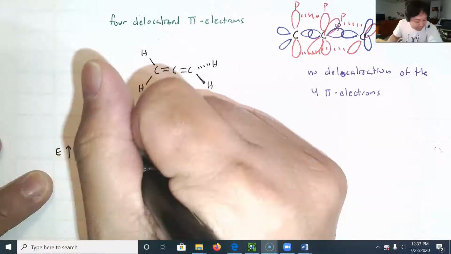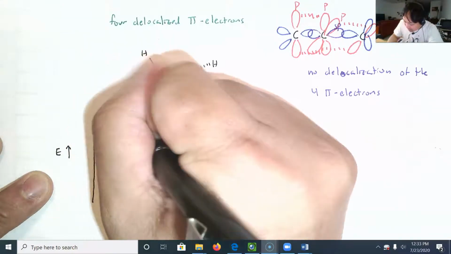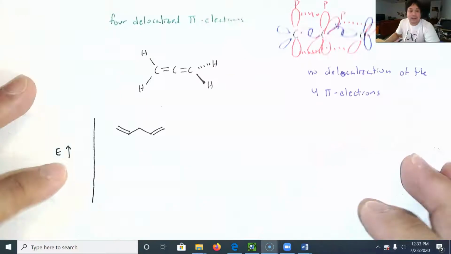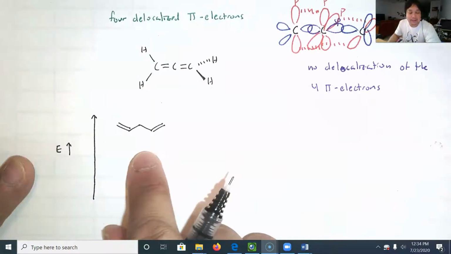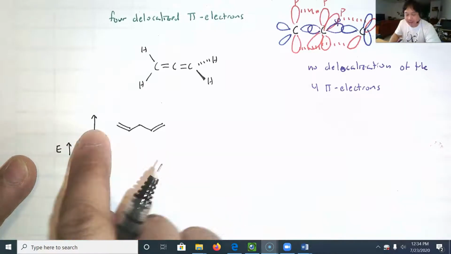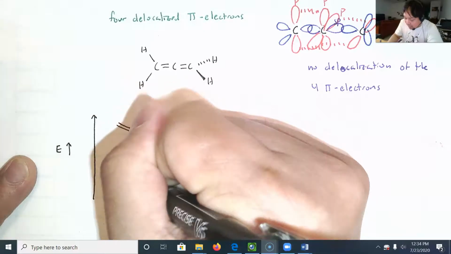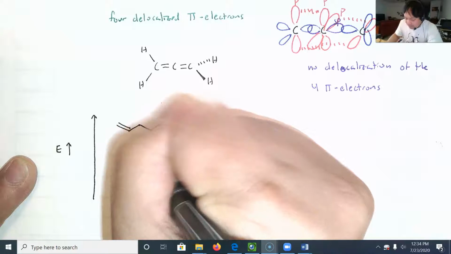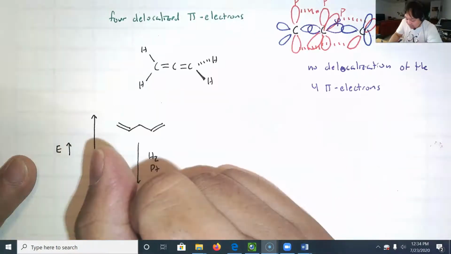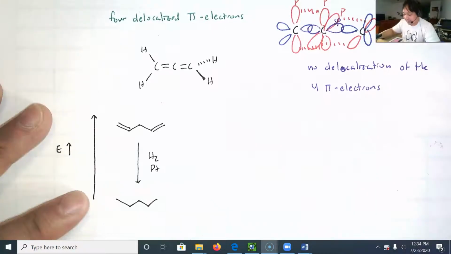If you take an isolated diene, one that we looked at the top of the page, let's say we have theoretically this energy, this height. When you do a reaction called hydrogenation, H2, you all know this, you get pentane. And heat is released.